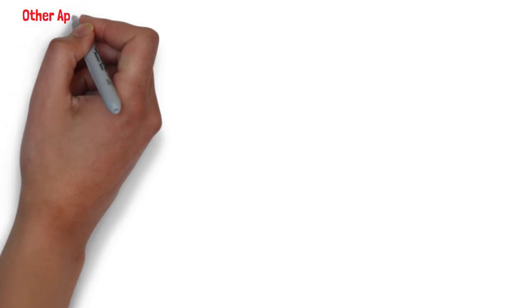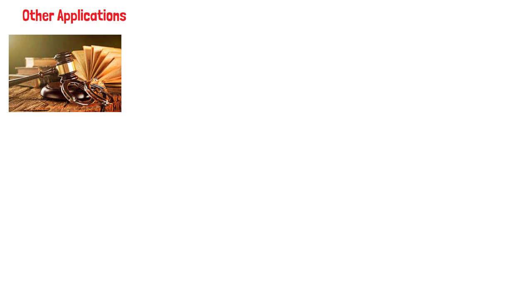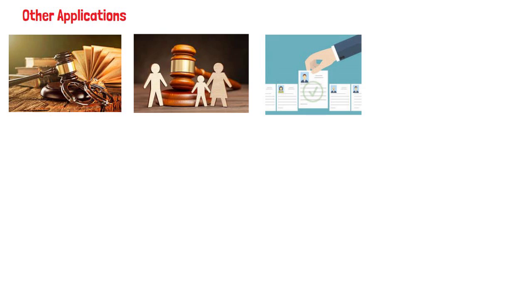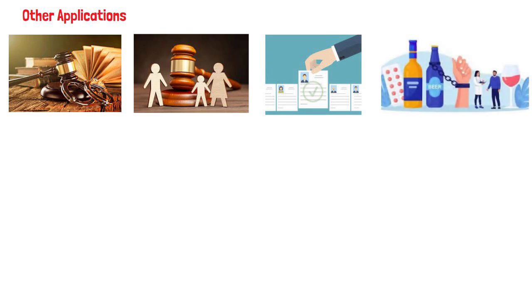The MMPI provides broad information about aspects of personality and the existence of components of psychopathology, but it's used in other areas, such as legal cases, including criminal defense and custody disputes, professional and employment screening, especially for high-risk jobs, and substance use programs.